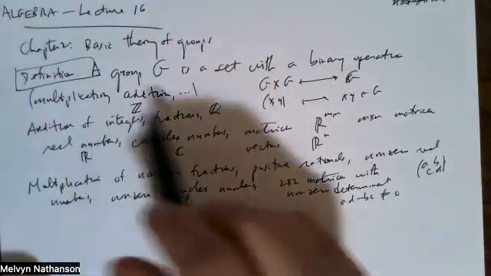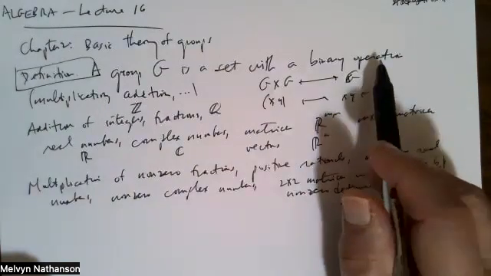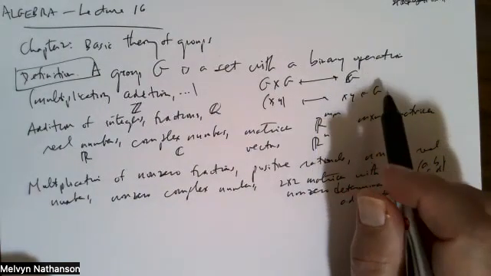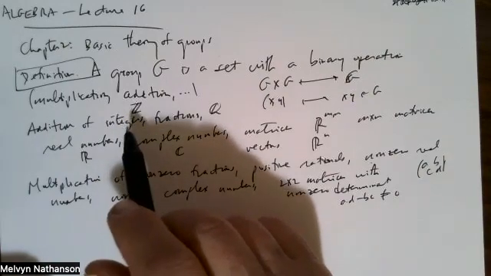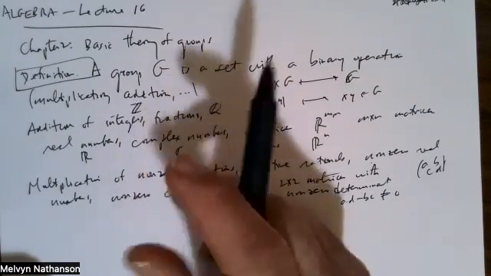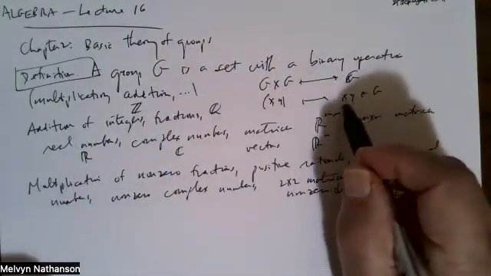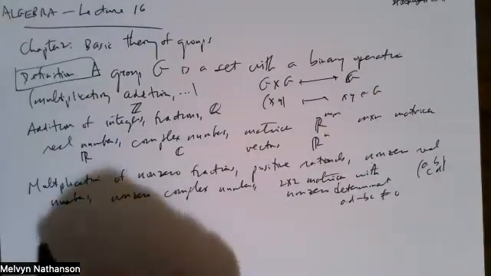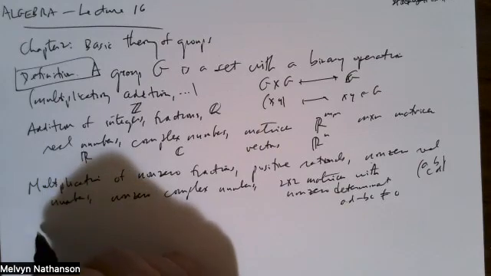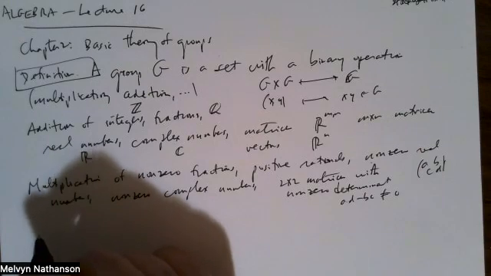I just started with the fact that a group is a set with some binary operation, and usually we don't even write down a symbol for the operations. We often do, though we often don't. Sometimes we just put the two elements together, x times y. But a group is a set with this binary operation that satisfies three fundamental properties.